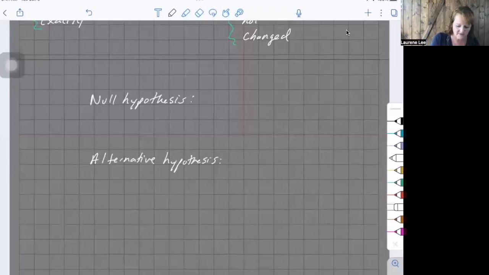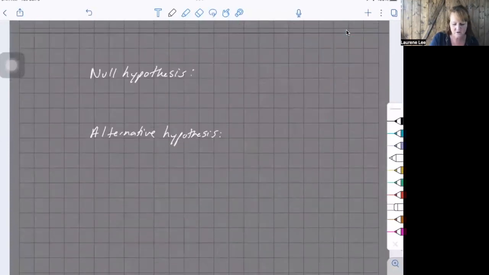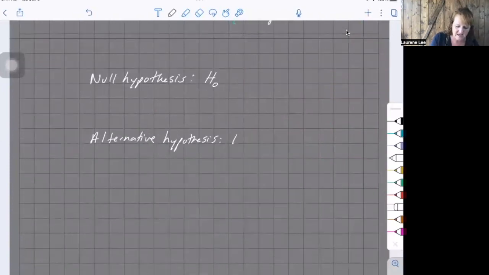The notation for the null hypothesis is H sub 0. And the way we say that in Mathland is H naught. Naught is the word for the subscript 0. So H naught is going to be the null hypothesis, and HA is going to be the alternative hypothesis.